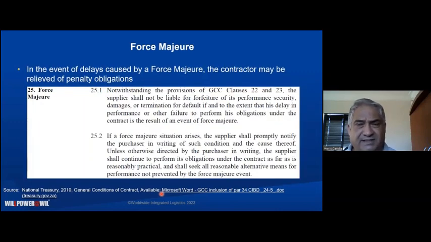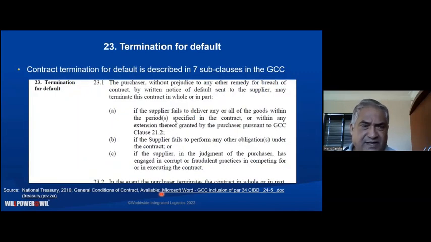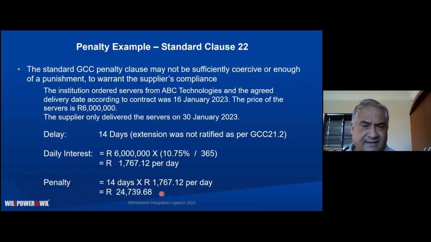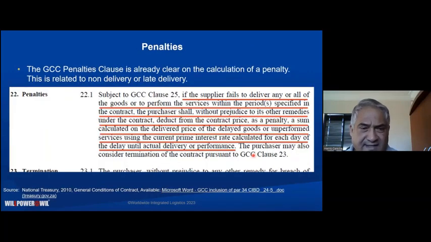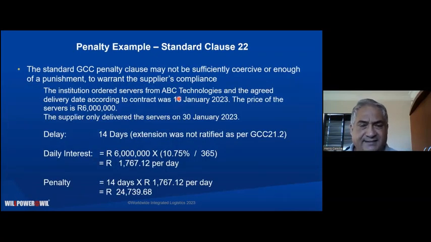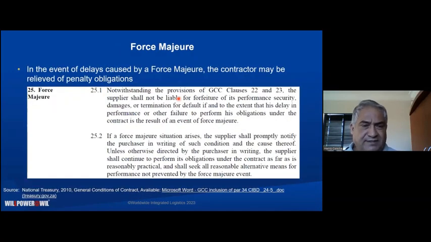Now, what I was talking about earlier is the force majeure issue. If I can jump back quickly, if you look at this particular clause here, it says subject to clause 25. So obviously, if it's a force majeure incident, then the penalty won't apply. It's important to understand that point, and that's why penalties won't apply in the case of force majeure.